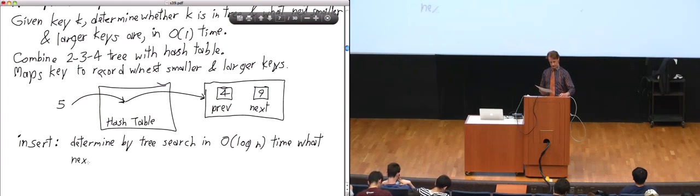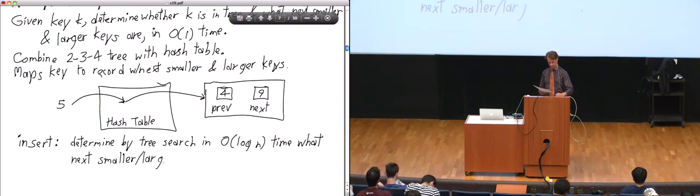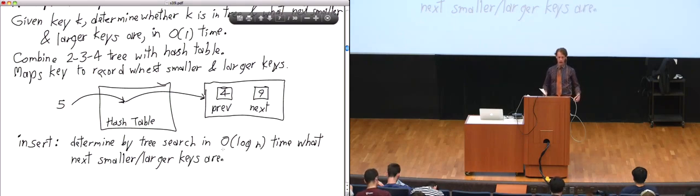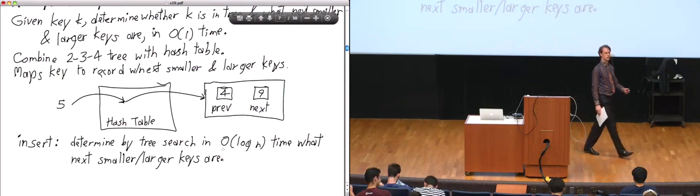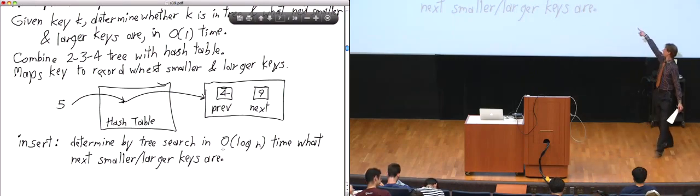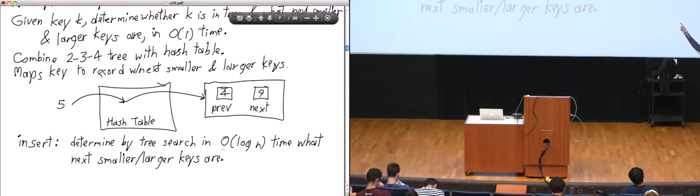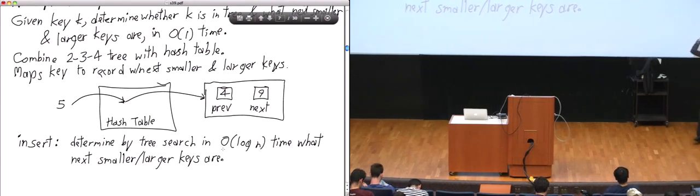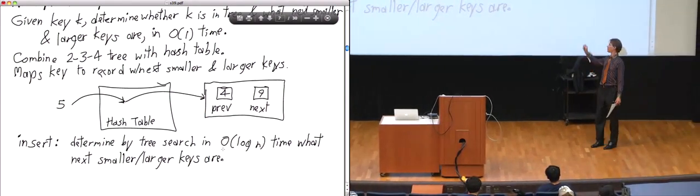That takes a little extra searching in the tree, but it's not hard to do, and it can be done in log n time. And then you need to create an entry for that new key that you just inserted in the hash table.